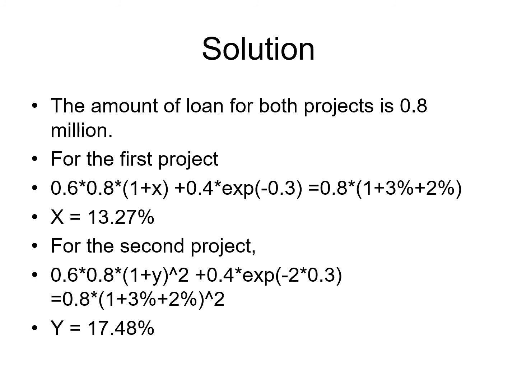Solution. The amount of loan for both projects is 0.8 million. For the first project, we have the following equation. It is 0.8 times 1 plus x. This means this is the principal and the interest rate return. This happens at 60% chance, so times 0.6, plus exponential negative 0.3.